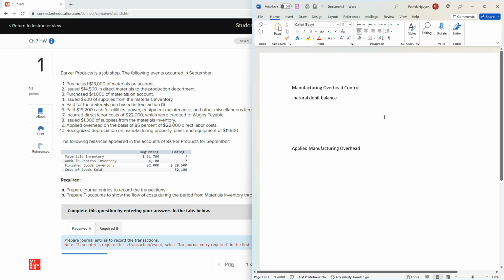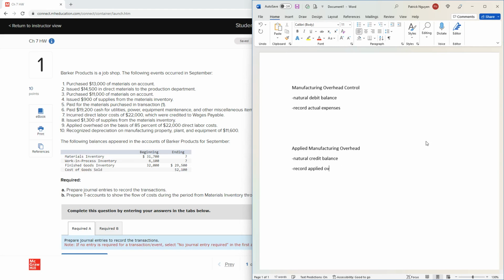For applied overhead, you're going to make most of your entries on the credit side because it has a natural credit balance. In your overhead control account, you're going to record actual expenses. And in your applied overhead account, you're going to record applied overhead.